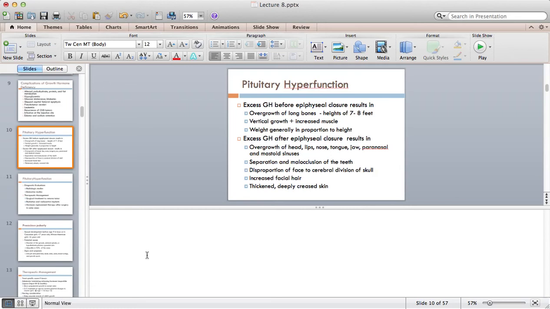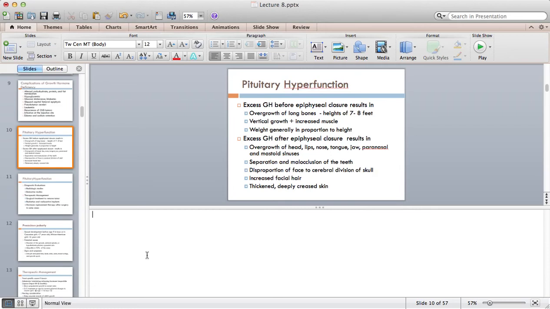However, when there is excess growth hormone secretion after the epiphyseal plates have closed, so the long bones, the epiphyseal plate is closed, the child has achieved the normal growth, no more growth in the long bone, as you would see. Now you start seeing the overgrowth in the peripheral tissue.